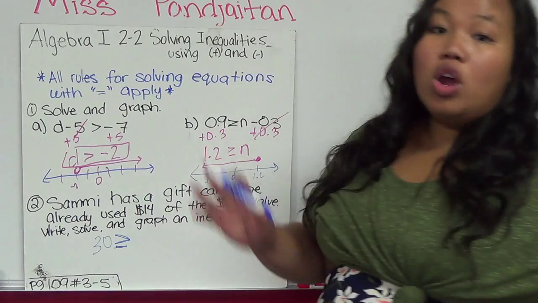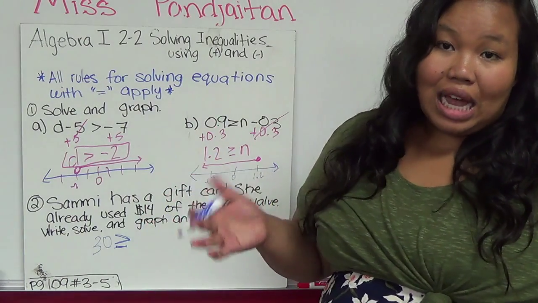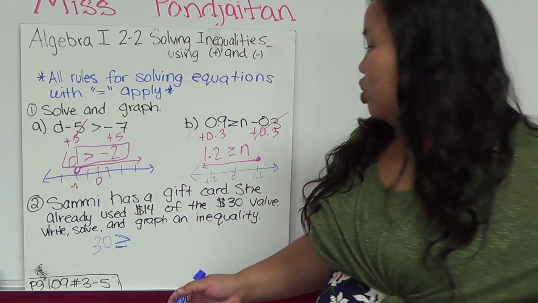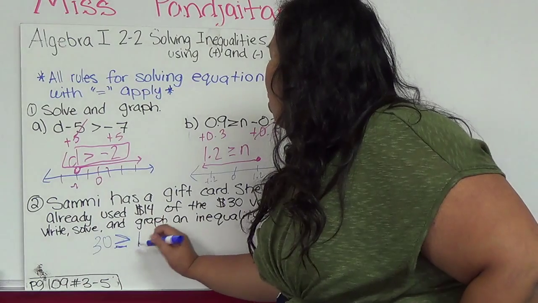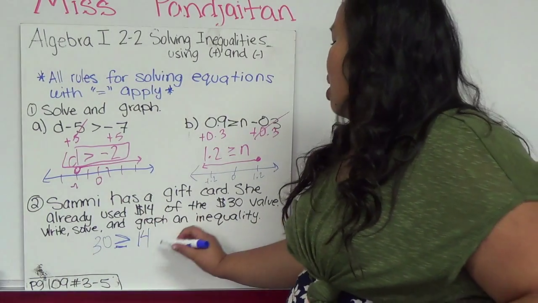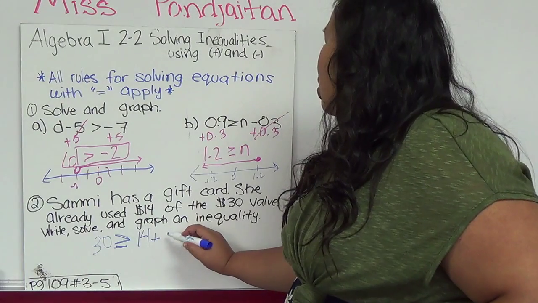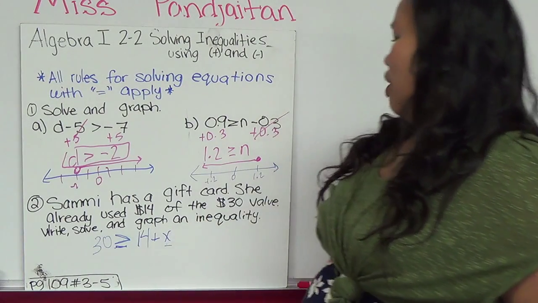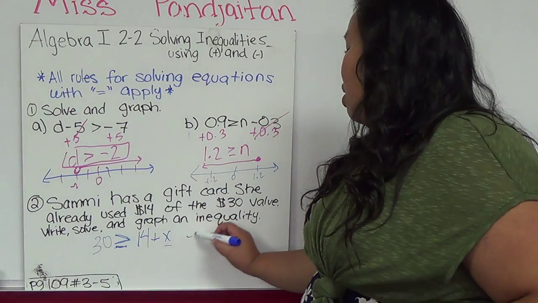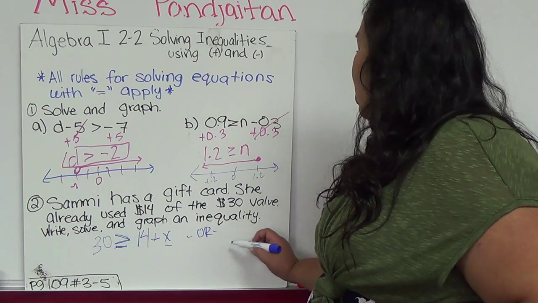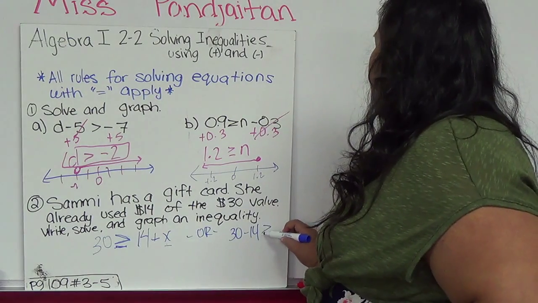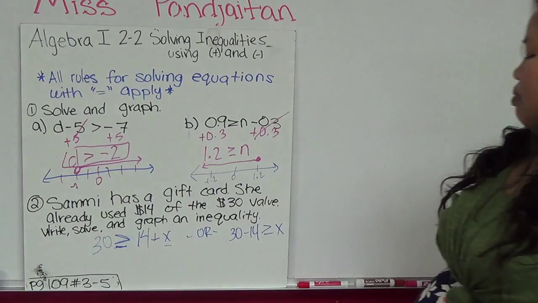Sometimes when you're spending a gift card, you just want to know the maximum of how much you have left over. So she's already spent 14, plus whatever she has left, this is what she has left. You could also write this, because there are different ways of saying it, as 30 minus 14 is greater than or equal to x.